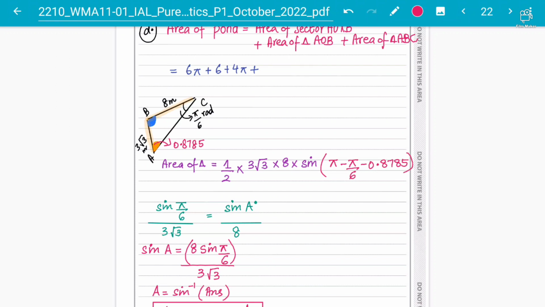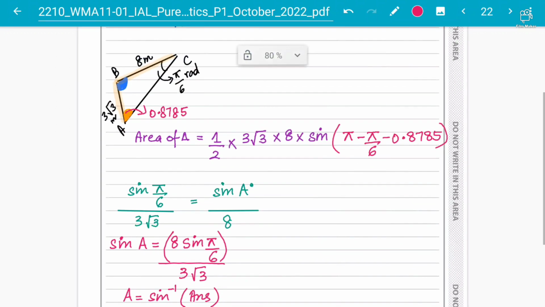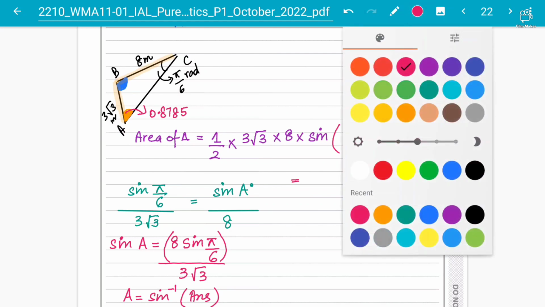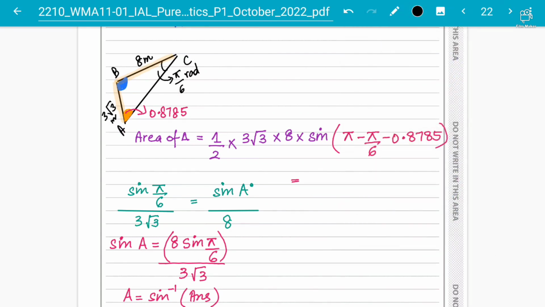It is going to give me the area of this triangle, students, that is half into 3 square root 3 and 8 into sine of that angle. So let's just get that done. Sine of pi minus pi over 6 minus 0.8785, multiplied by 12 square root 3 divided by 2. I'm getting that as 20.5489, okay?